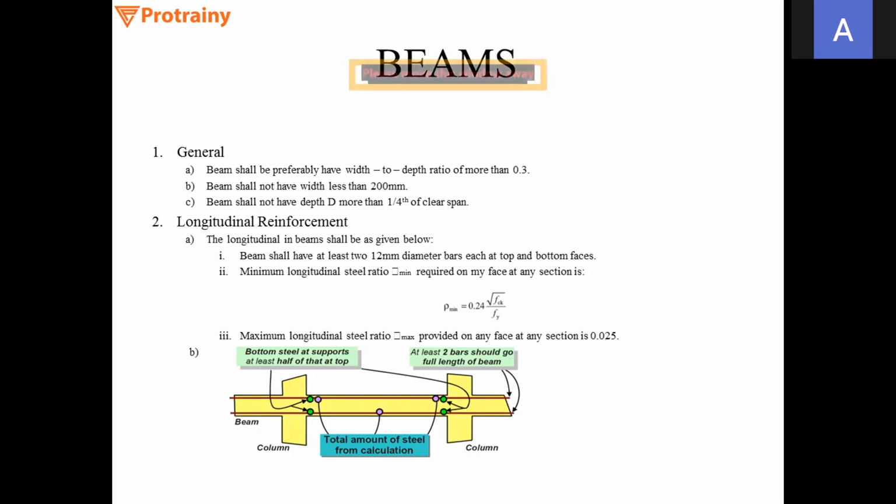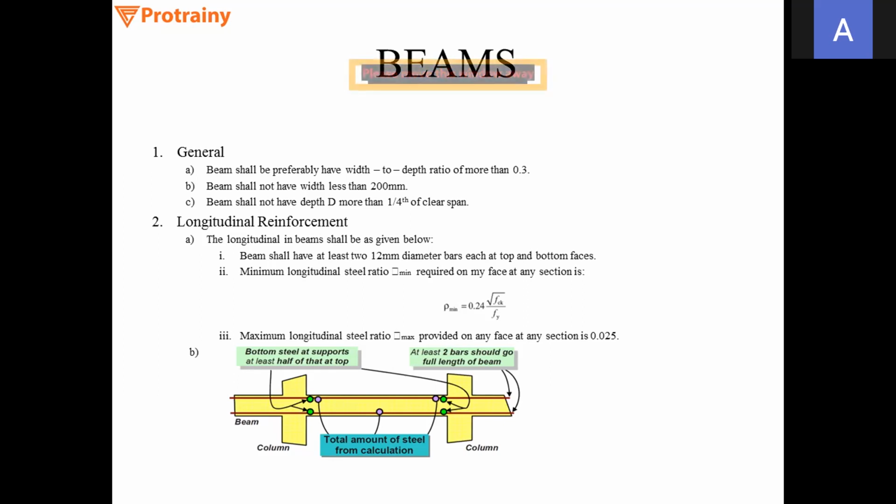If at the center the tension zone is at the bottom, then at the column face, near the column, the tension zone will develop at the top face of the beam. So that is why 50% of the steel, whatever amount of steel comes at the tension zone, is provided at the compression zone.